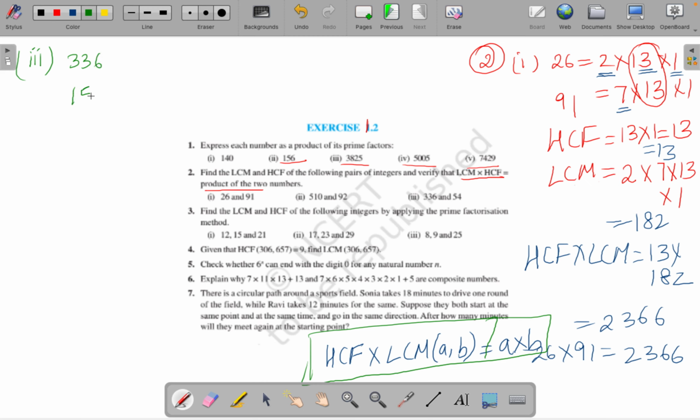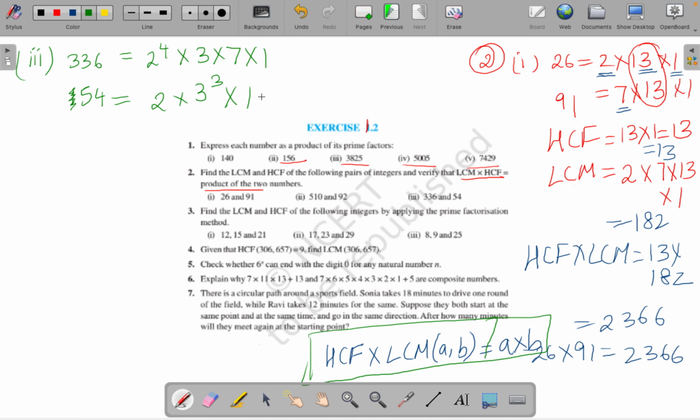336 and 54. First of all, I want you to find the prime factors. Sorry, it is only 54. So with 336, the prime factors are 2 to the power 4 into 3 into 7 into 1. And the factors of 54 are 2 into 3 to the power 3 into 1.